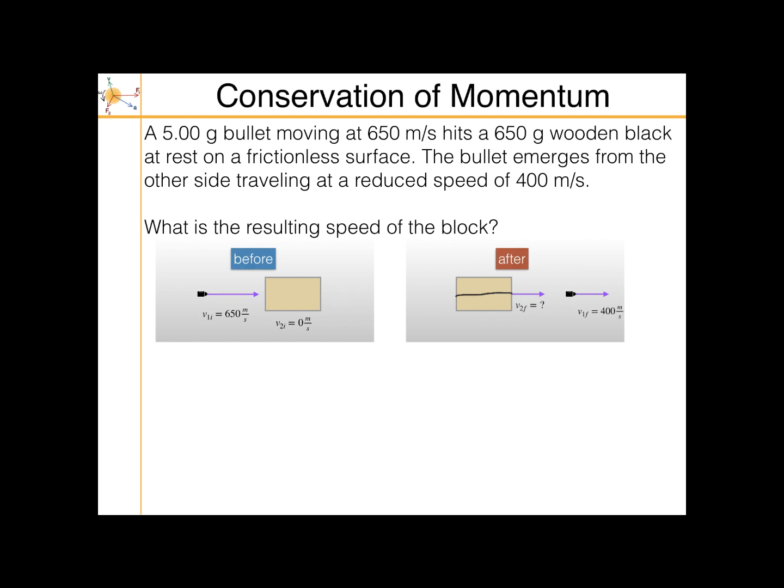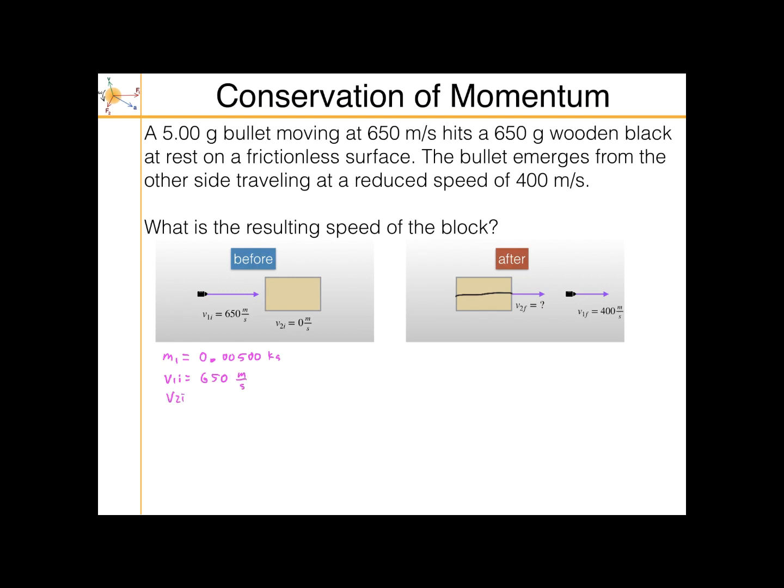Let's start by writing down everything we know. The mass of the bullet is 5 grams, which in kilograms would be very small, 0.005 kilograms. The initial speed of the bullet is 650 meters per second.